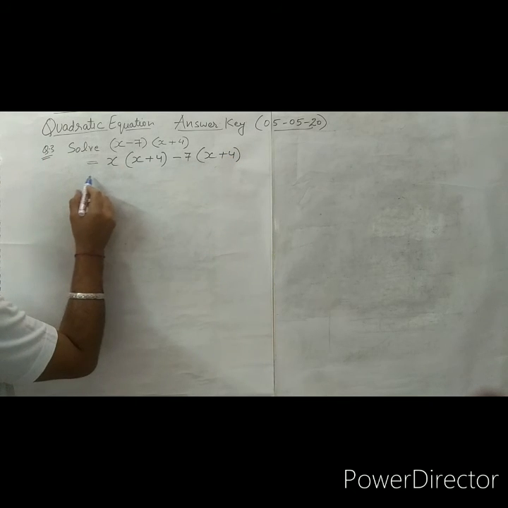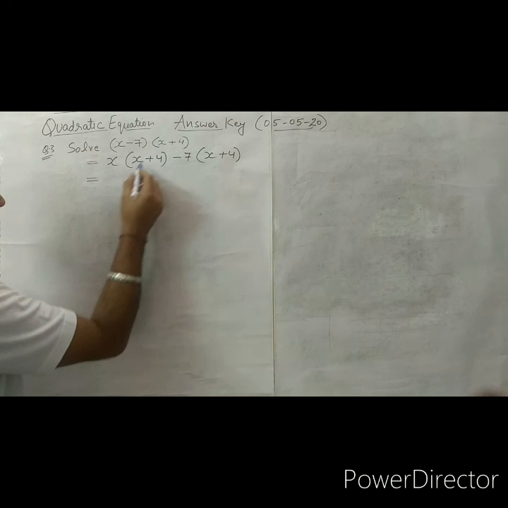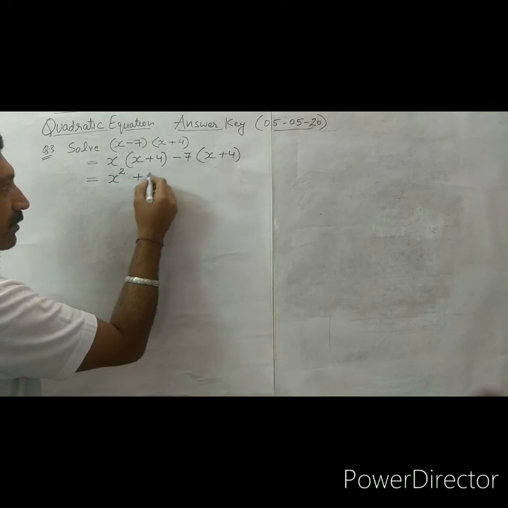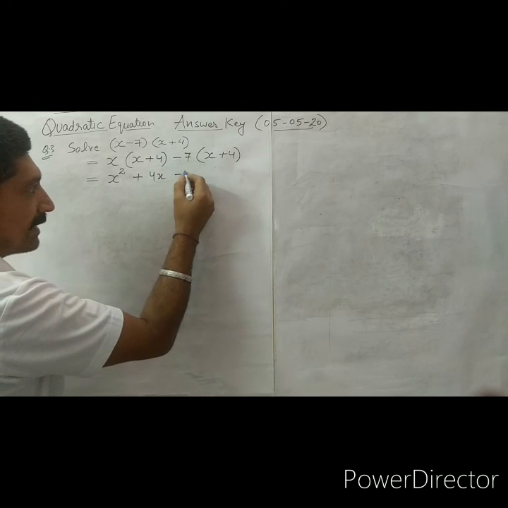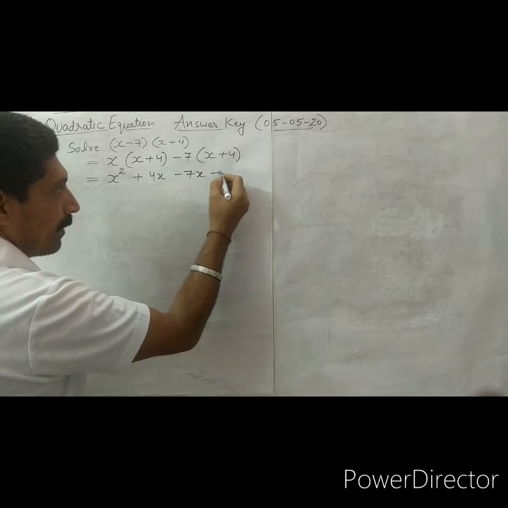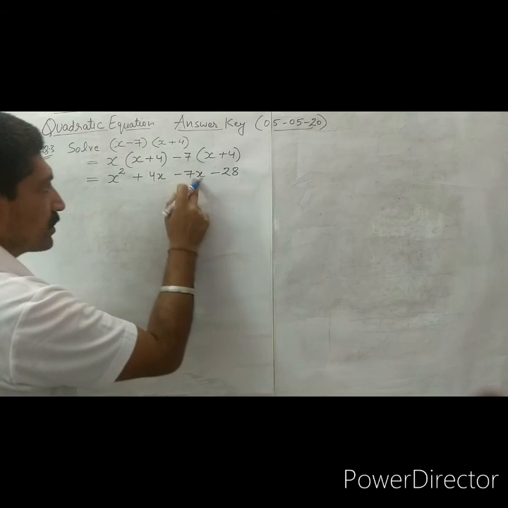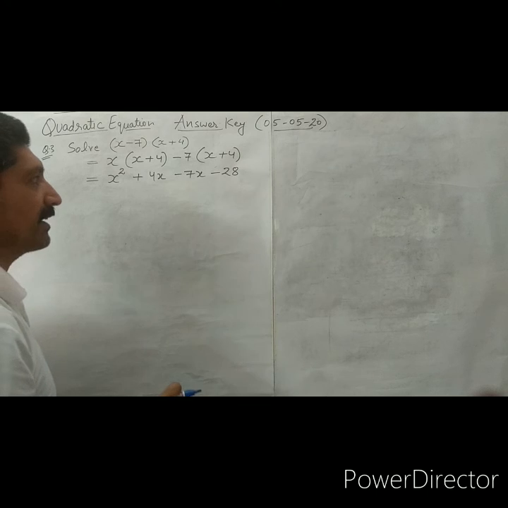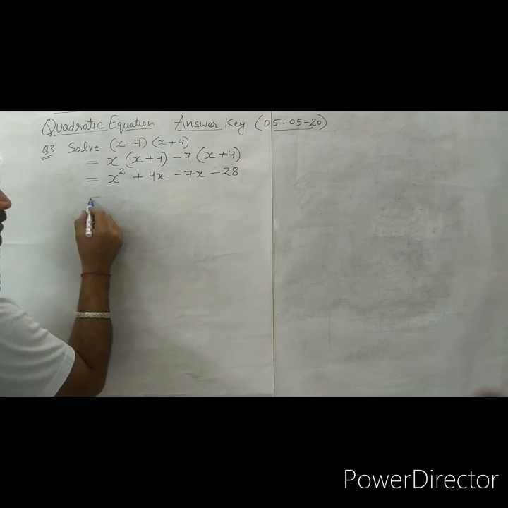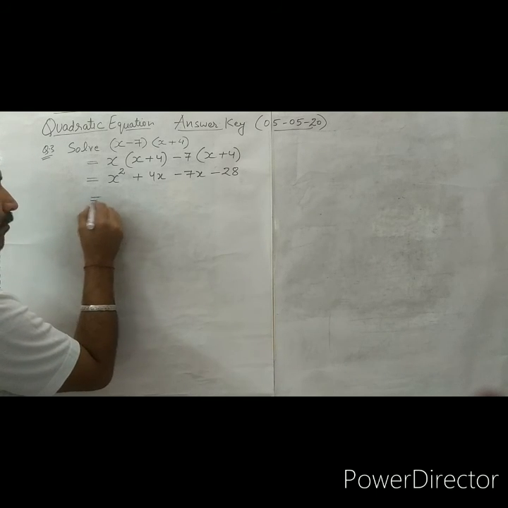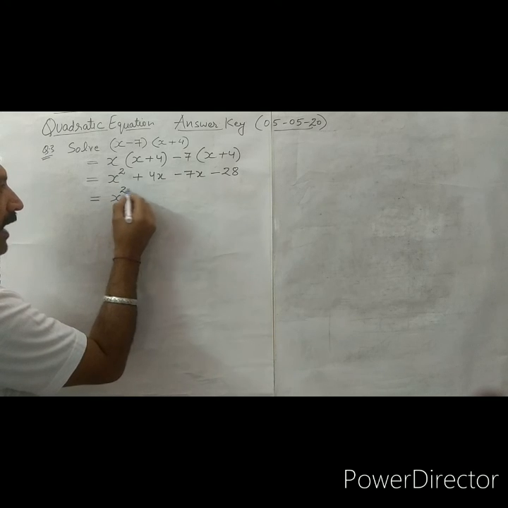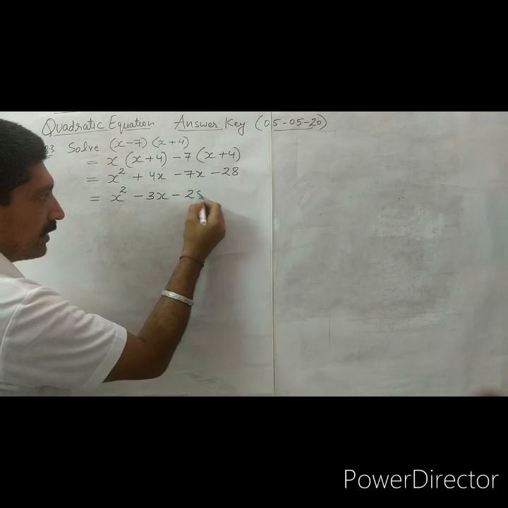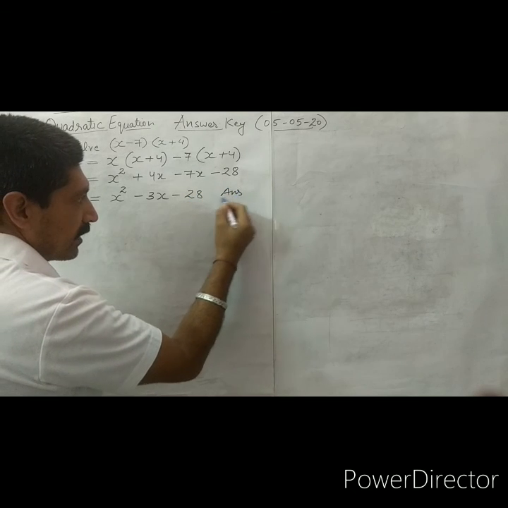So we will get x square plus 4x minus 7x minus 28. Here the like terms, 4x minus 7x, is minus 3x. So x square minus 3x minus 28 is the answer.